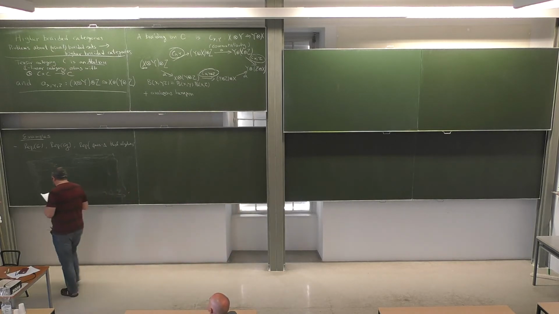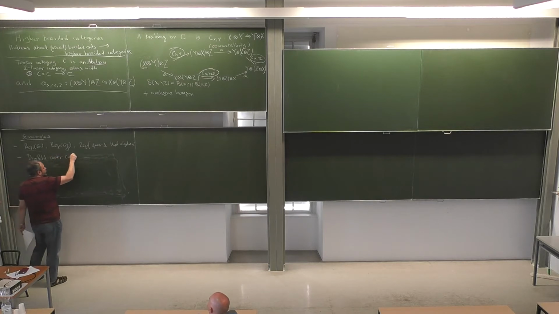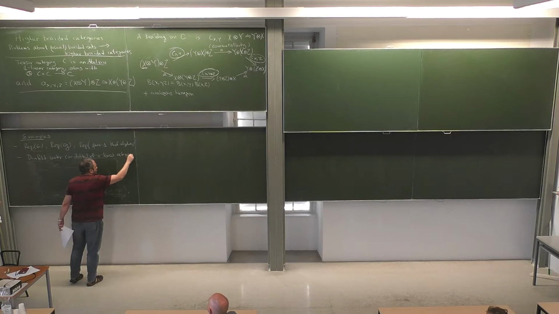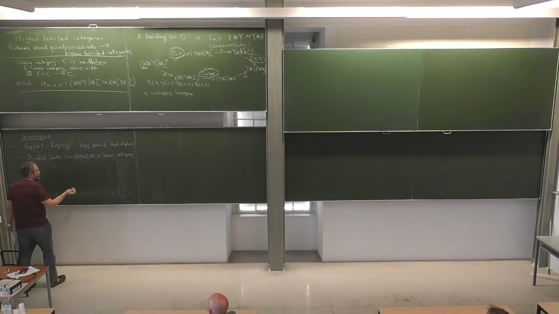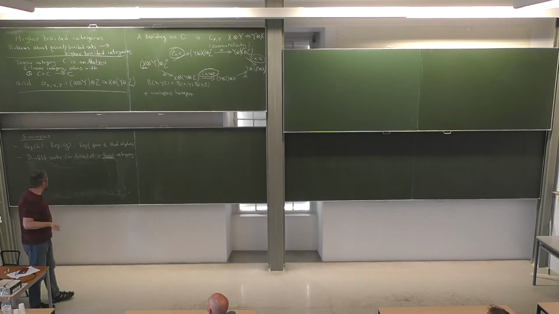So, there is a powerful construction called the Drinfeld center, or double, of a tensor category. Here is an ordinary tensor category on which there is no braiding.